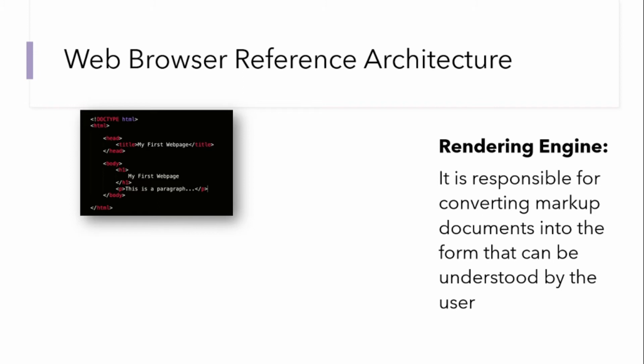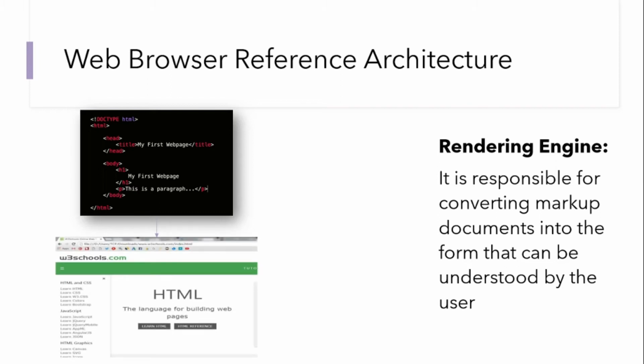So websites are written using markup languages. This markup can only be understood by programmers or web developers, so it is the work of the rendering engine to convert these codes into a format that can be understood by a layperson or non-programmer.